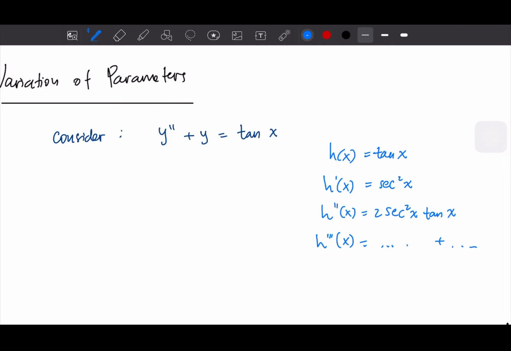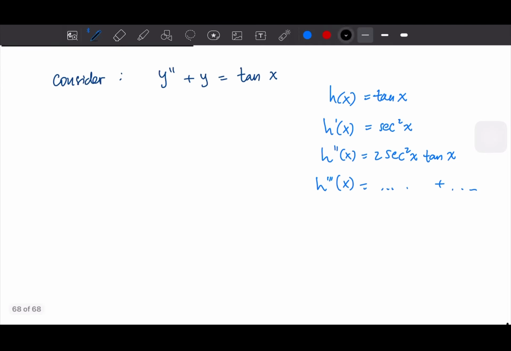So to find yc is still the same, homogeneous, but yp is the problem.